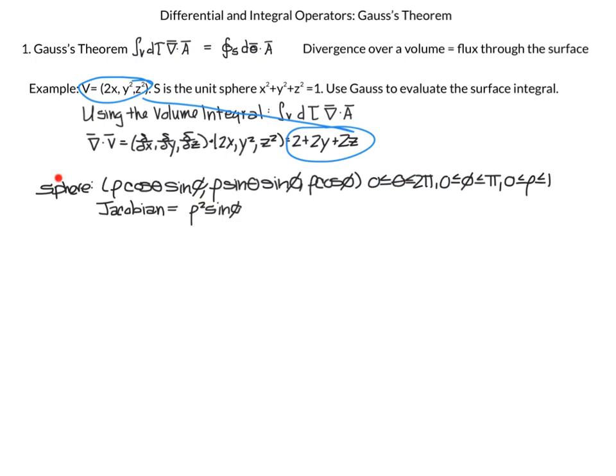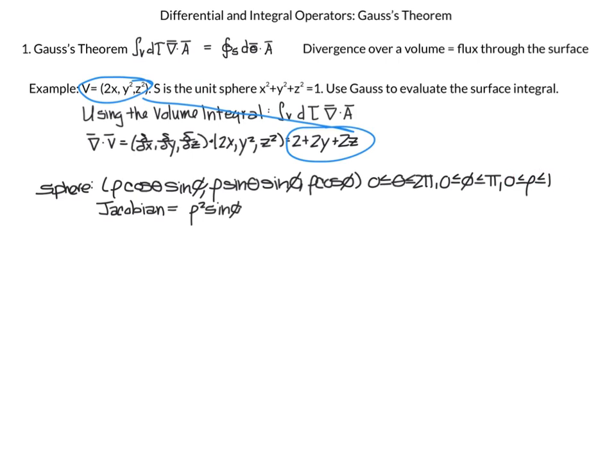The parameterization for a sphere, we're going to use spherical coordinates: rho cosine theta sine phi, rho sine theta sine phi, rho cosine phi. And because we're doing the volume integral, we're going to let rho go from 0 to the radius, and this is a unit sphere, so the radius is equal to 1.